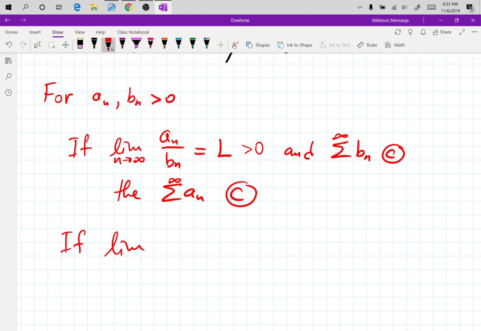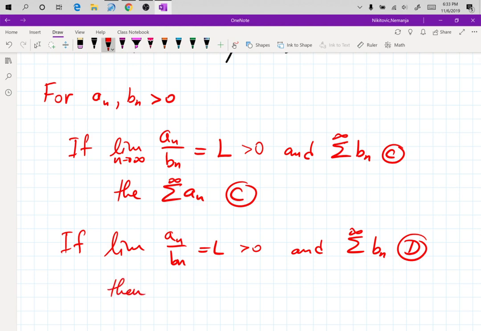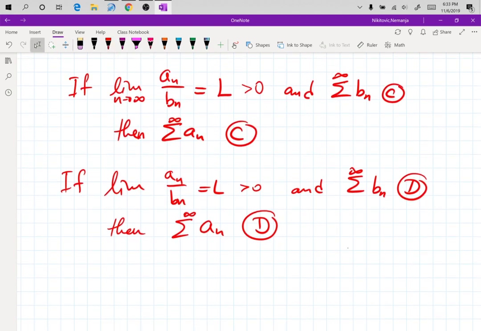Now, if the limit of an over bn equals L larger than 0 and bn diverges, then series an diverges as well. There are more conditions than this, but these are sufficient actually. Your book lists even more stuff, but these are sufficient.